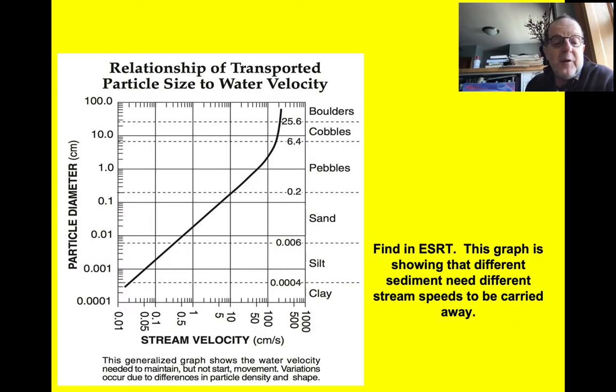Again, we refer to this graphic on page 6 of the reference table, showing how much velocity a stream needs to create a bed load of movement, to create a saltation of movement, to create suspension, and finally those objects that are in solution.